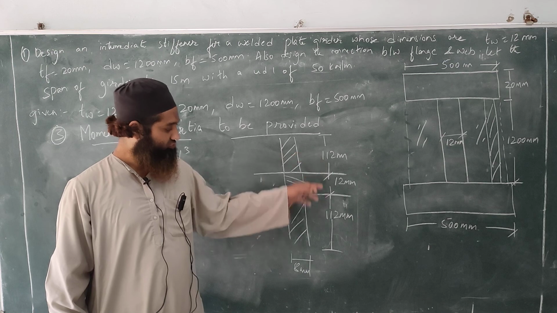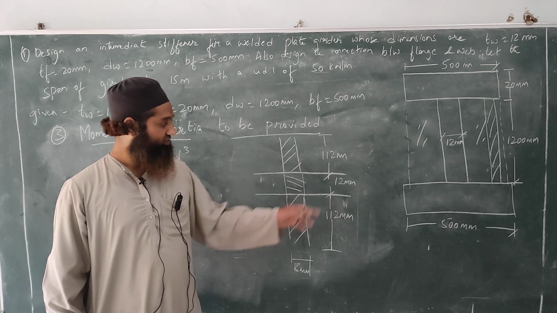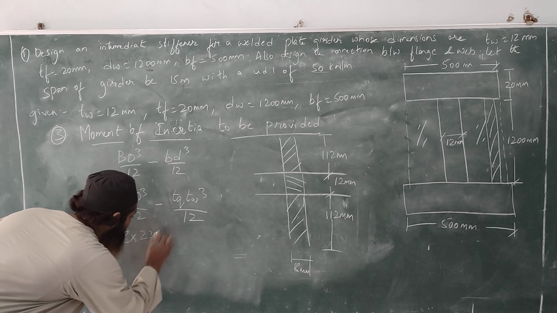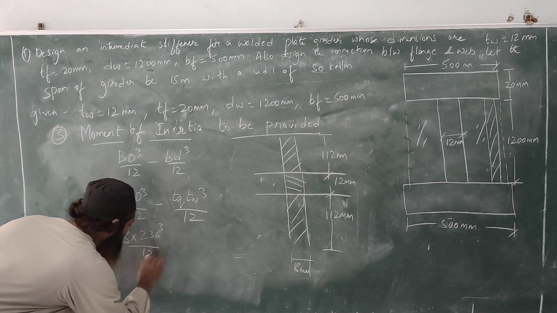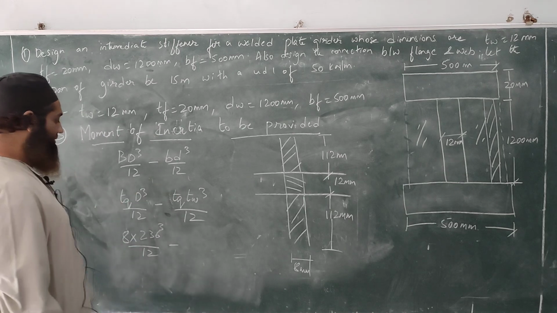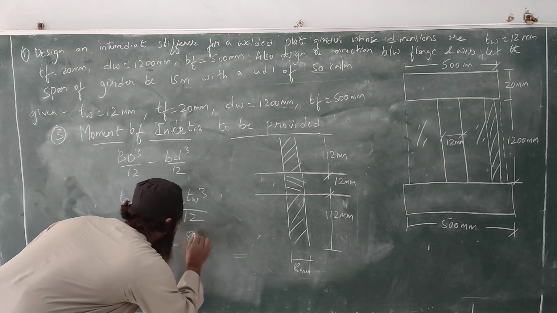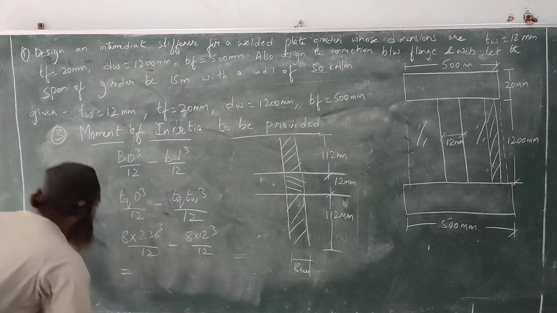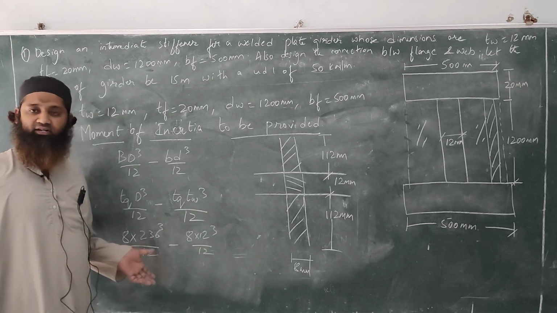If you total it, it is 236. So 8 into 236 cube by 12 minus 8 into 12 cube by 12. You must have understood till here.